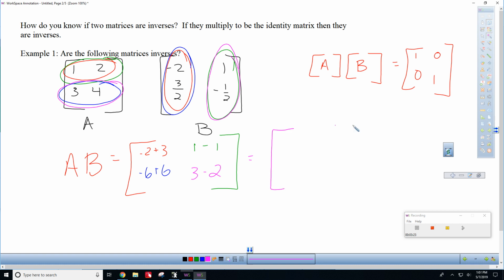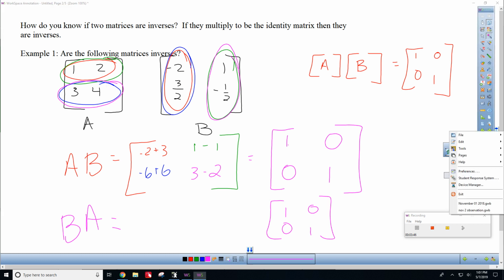And what you end up getting is 1 here, 0 here, 0 here. So now, if we also did B times A, which I'm not going to do, and we got this, which you would, then we would know that these two matrices, A and B, are inverses of each other. Okay?